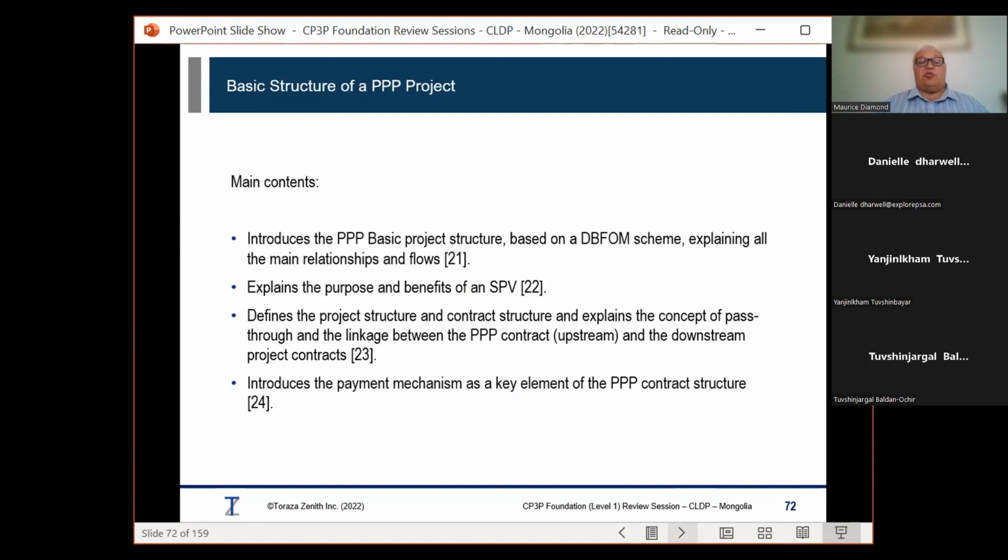The downstream project contracts are those contracts that are defined by the SPV and signed by the contractors and subcontractors to the SPV. So the downstream are those project contracts that are signed between the SPV and its own contractors. Now, those contracts are normally back-to-back contracts, and the risks will be passed on down through the various contractors.